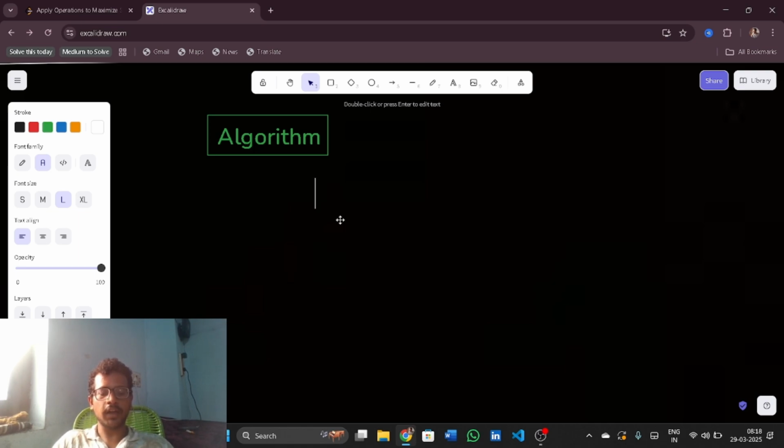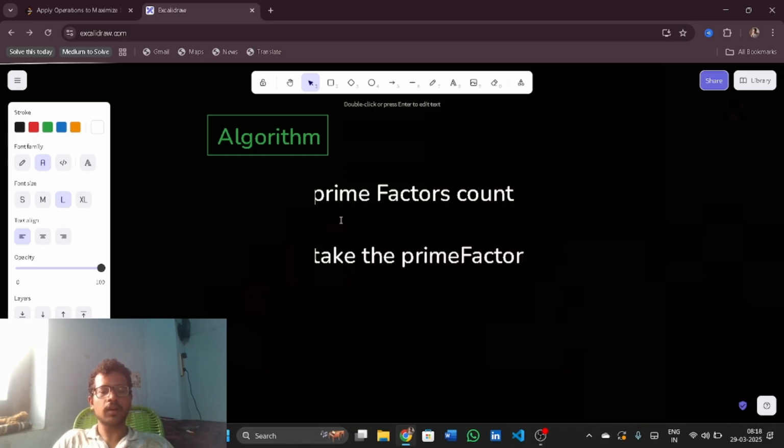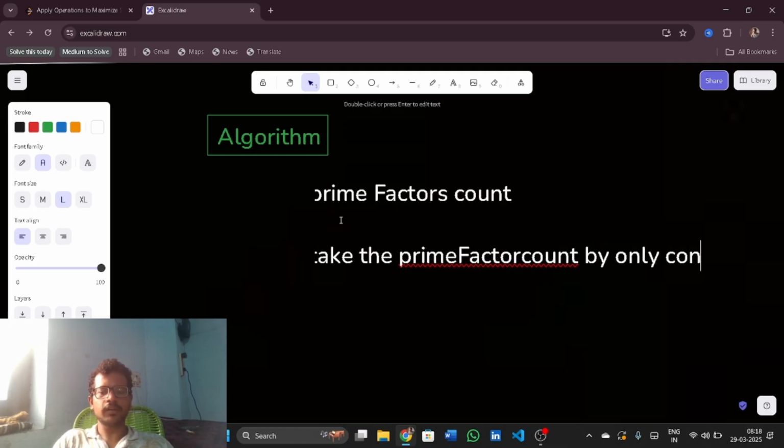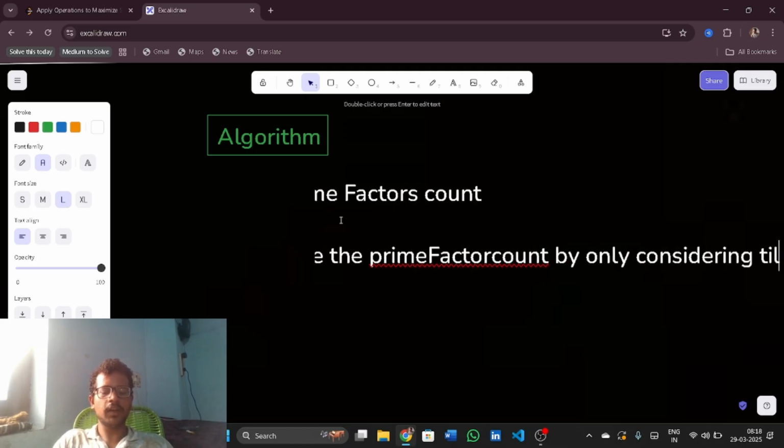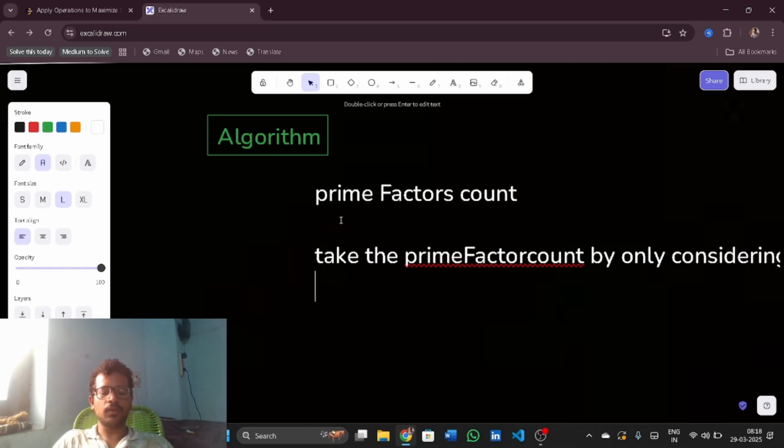Now, the first thing I did is the prime factors count. So take the prime factor count by only considering up to the square root of n for element n.